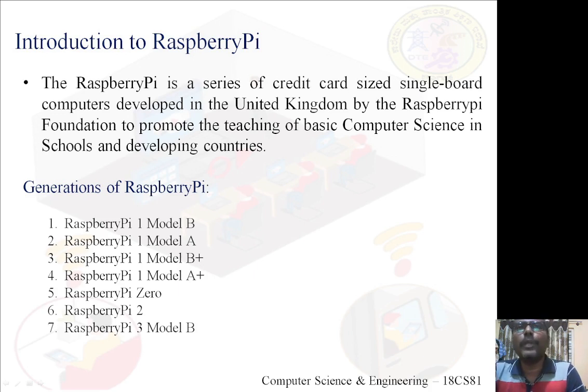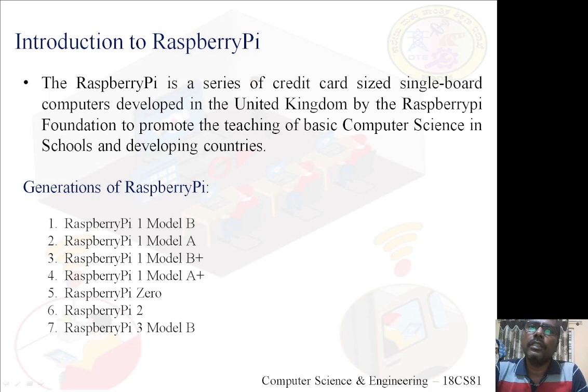After that, Raspberry Pi 1 Model B Plus and Raspberry Pi 1 Model A Plus came into existence. They were all credit card sized. Then something still smaller was innovated, with fewer features compared to the earlier versions, but the size was small, and that is named Raspberry Pi Zero.